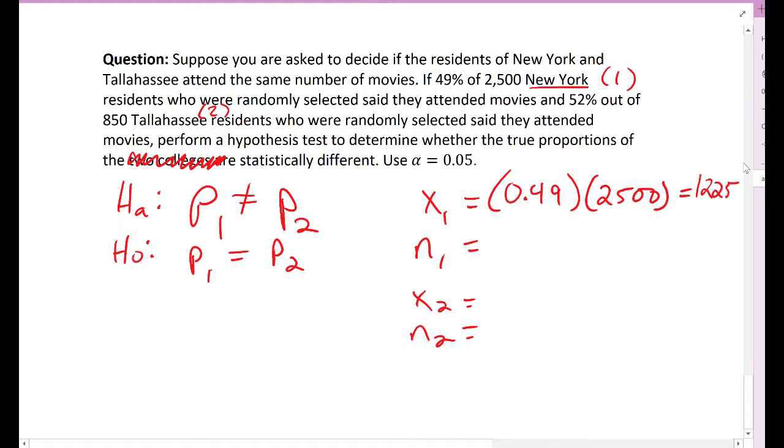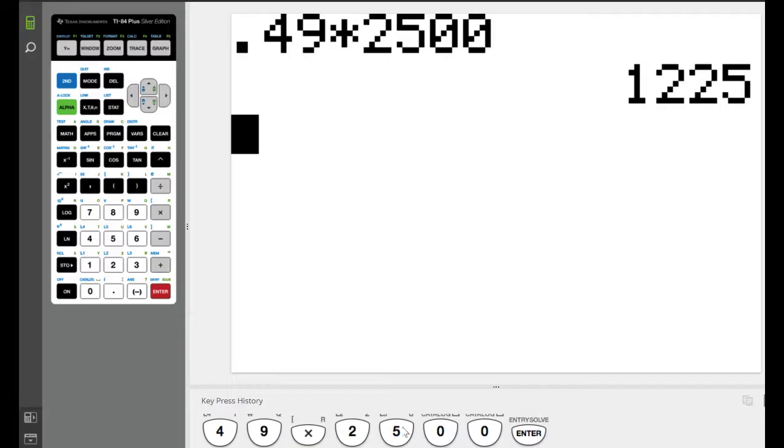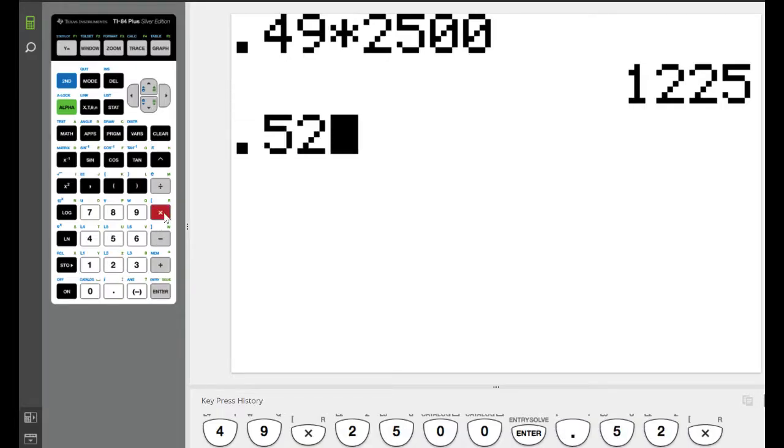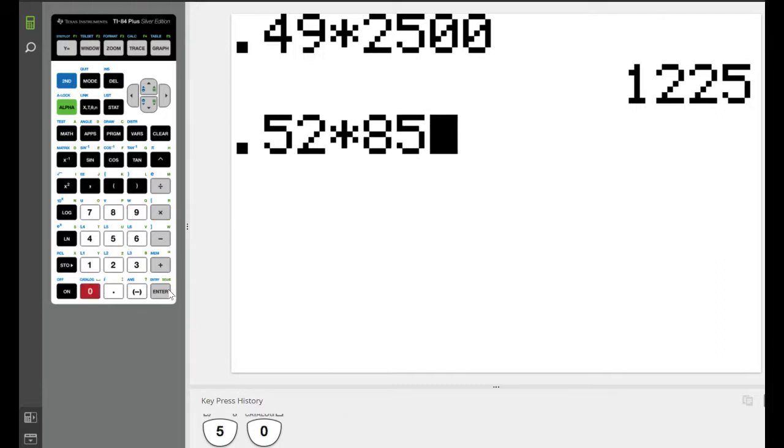So 1,225 out of the 2,500 New York residents attended the movies, which means our N1 is 2,500. X2 is found in a similar fashion. 52% of the 850 Tallahassee residents went to the movies. So that means the X2, the number of Tallahassee residents that went to the movies, is 0.52 times 850, which is 442.